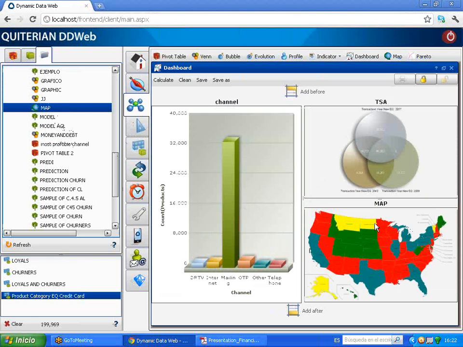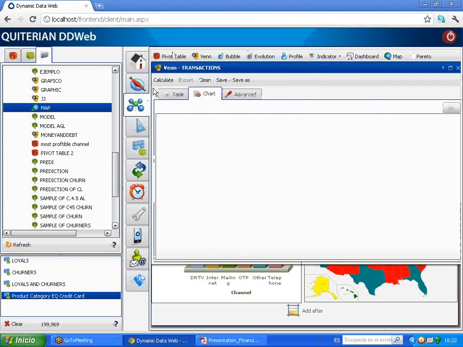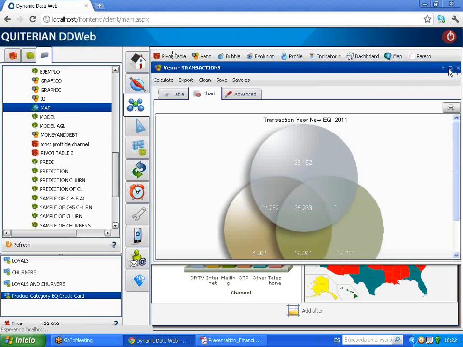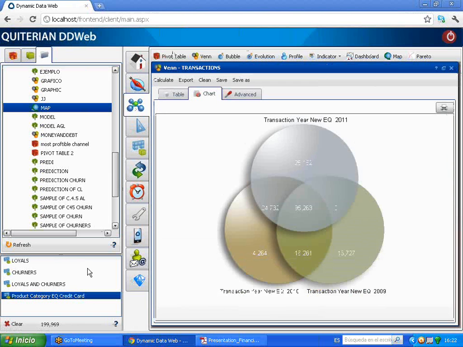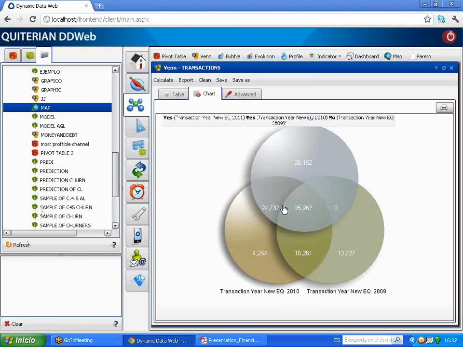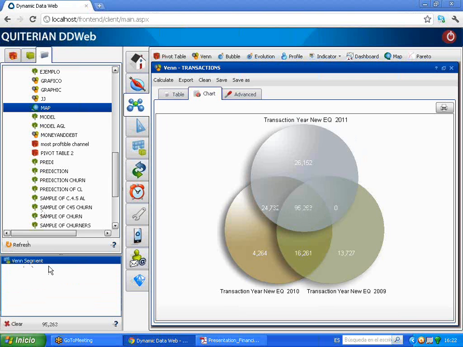And very important, talking about Criterion dashboards, you never lose your interactivity. For example, if you open the cross-selling or the transactions group, and if I click over that, I still can use the segment. You never lose your interactivity.